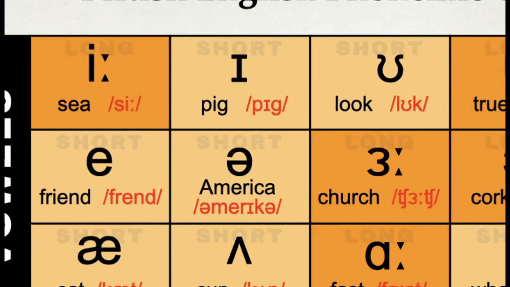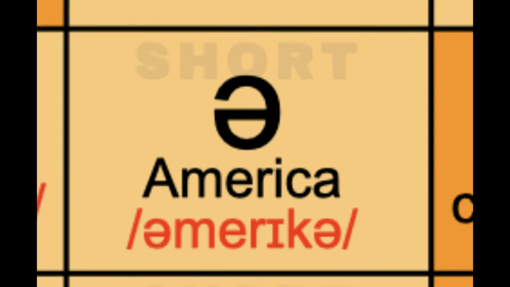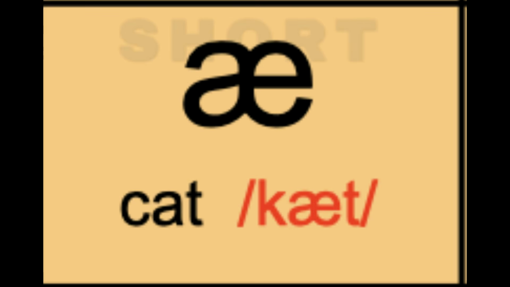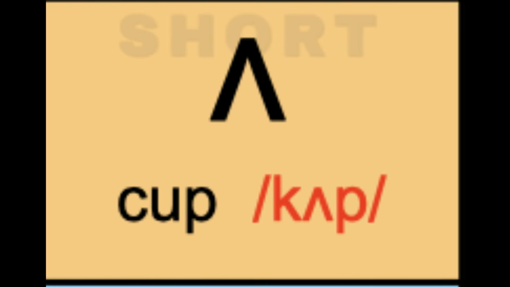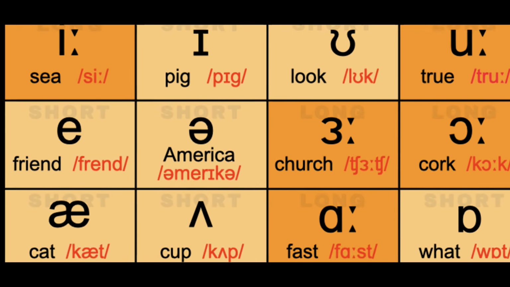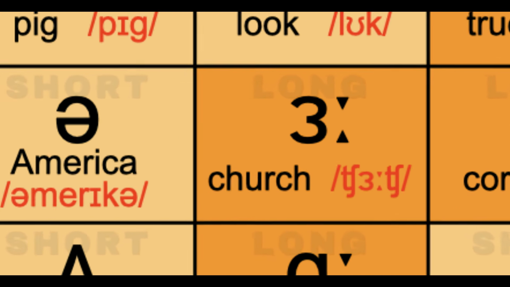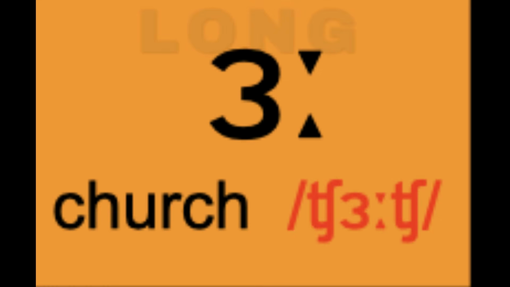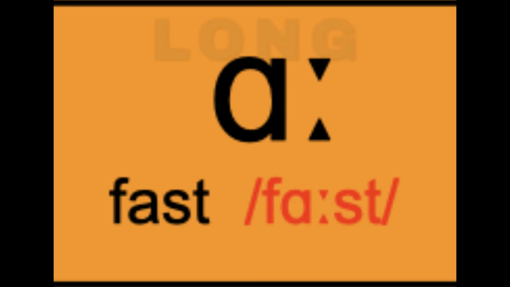The short sounds, shown as this colour, are I, U, E, A, O. The long sounds, shown as this colour, are also shown with 2 small triangles similar to a colon, and are I, U, O, R. I show you how to pronounce these monophthongs in this video here.